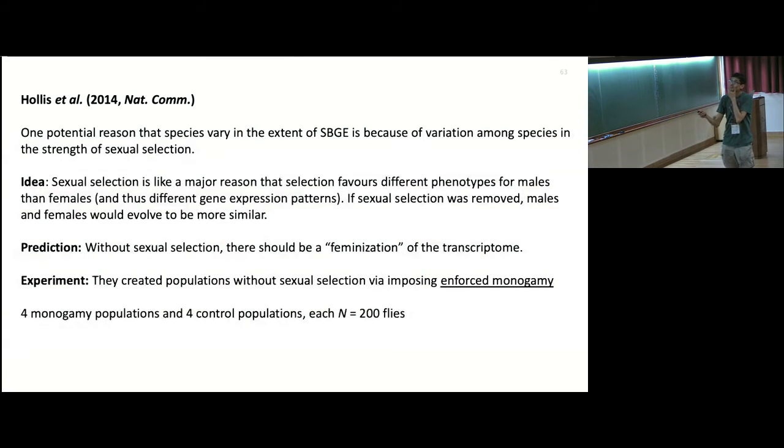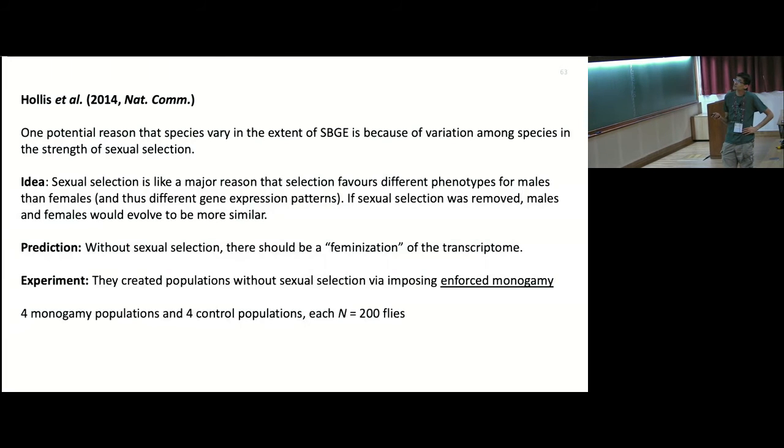And that leads me to this paper by Hollis et al. from a few years ago. The motivation is that one reason species could vary in the amount of sex-biased gene expression is variation in the strength of sexual selection.